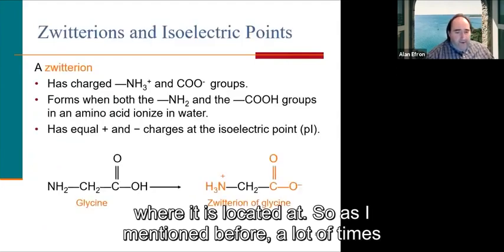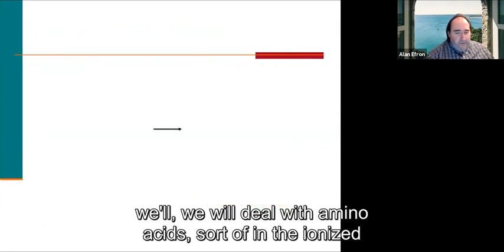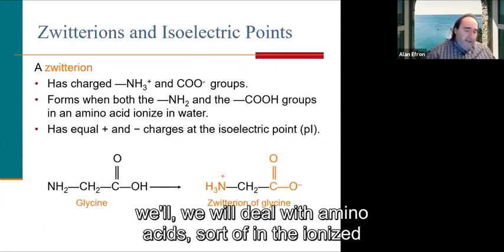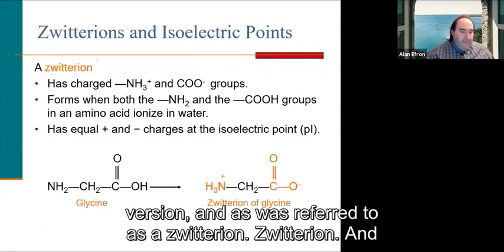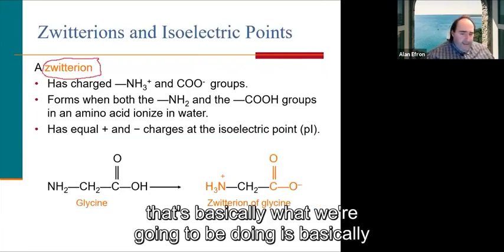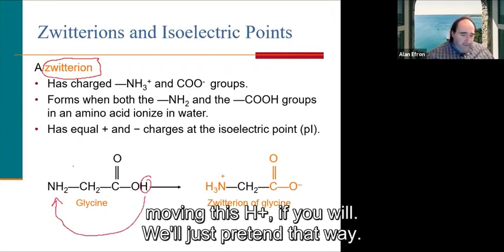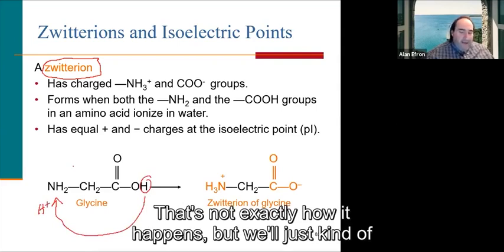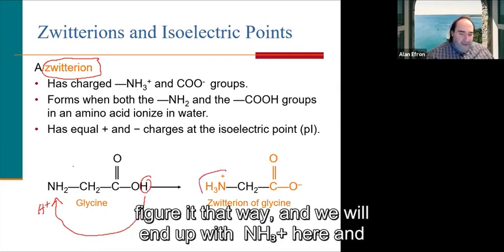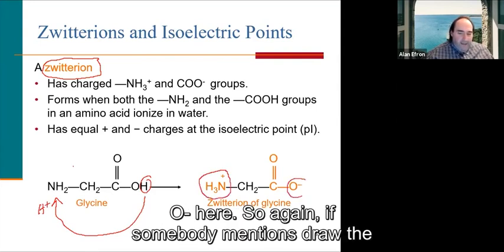As I mentioned before, a lot of times we will deal with amino acids in the ionized version, and that's what's referred to as a zwitterion. Basically we're going to be moving this H plus, if you will. That's not exactly how it happens, but we'll just figure it that way. And we will end up with NH3 plus here and O minus here.